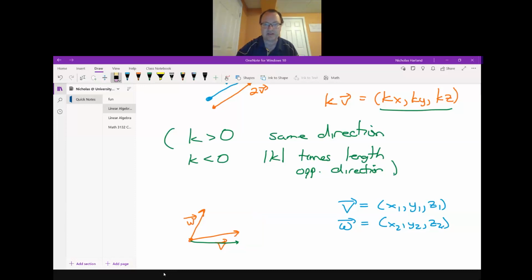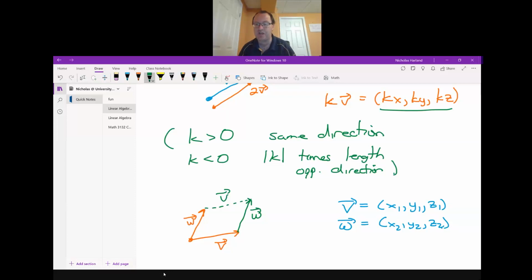And we can do that a little bit more geometrically by doing what we call tip to tail. Namely, we're going to take a copy of w. Remember, a vector is all about the length and the direction, not where it starts, not necessarily where it finishes, just its length and its direction. We're going to take an exact copy of w and stick it to the end of v. We don't have to, but we could do the same thing with v.